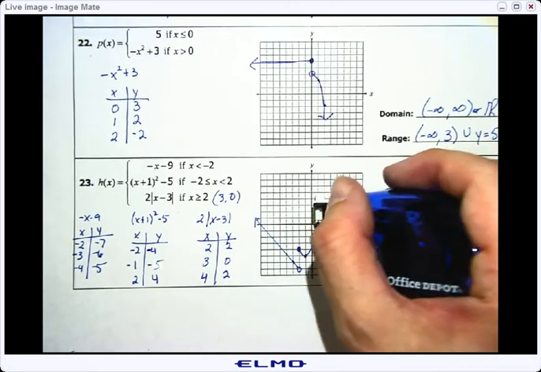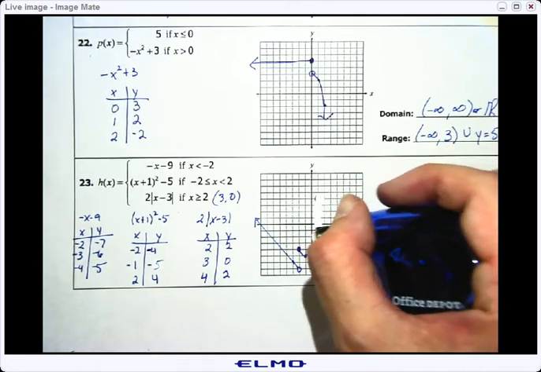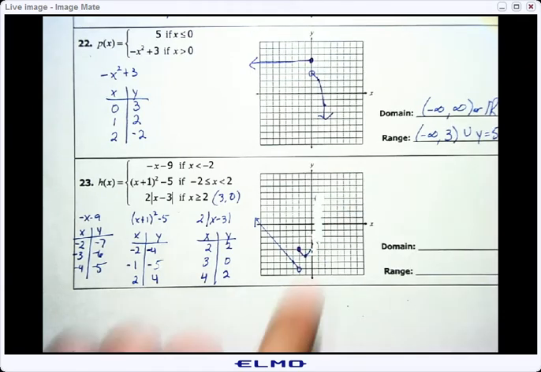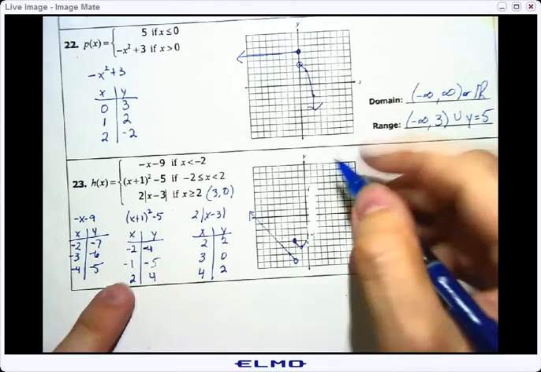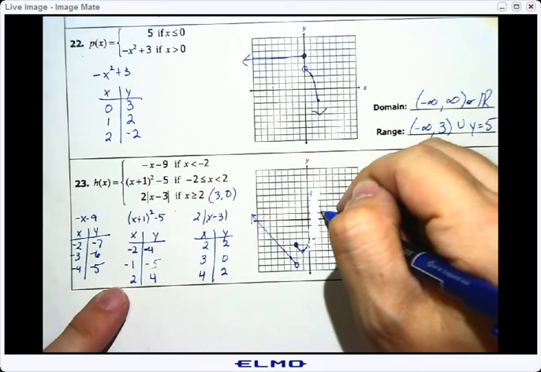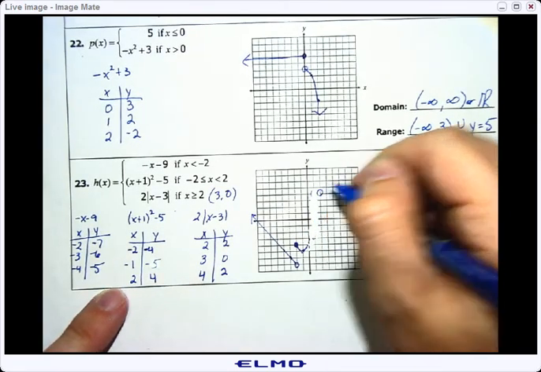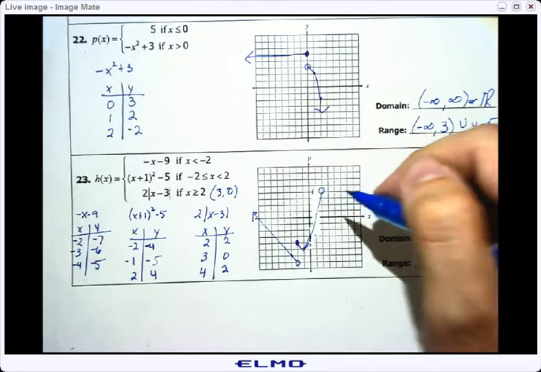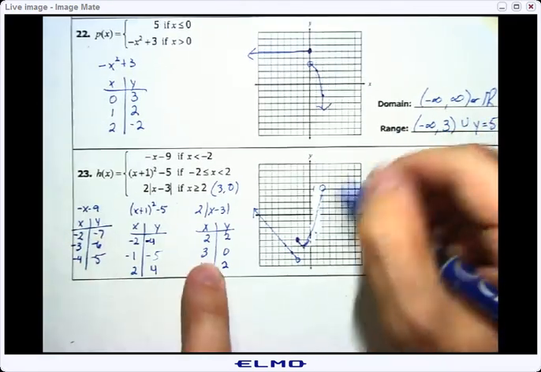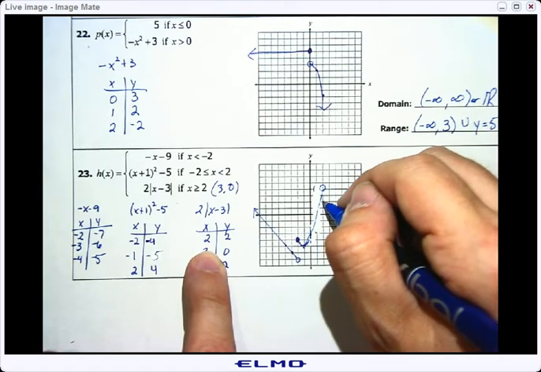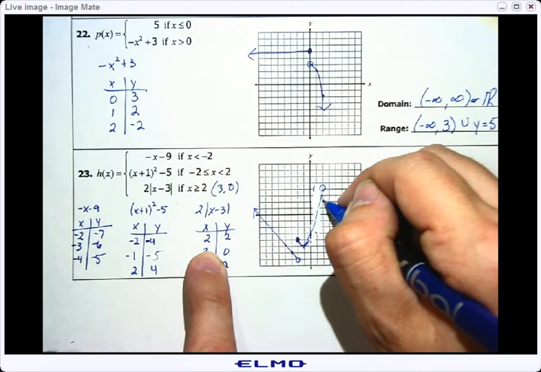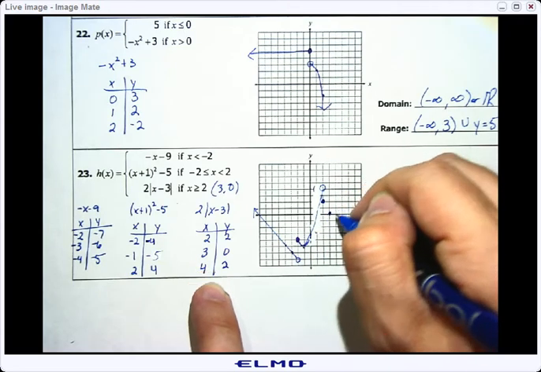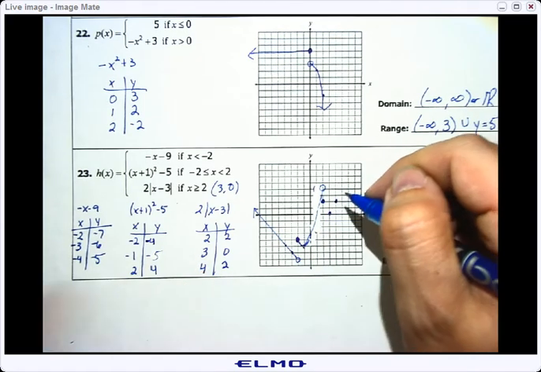All right, let's fix this. All right, 2, 4, 1, 2, 1, 2, 3, 4, just right there. There we go. All right. Plotting this 2, 2, closed circle, 3, 0, 4, 2.